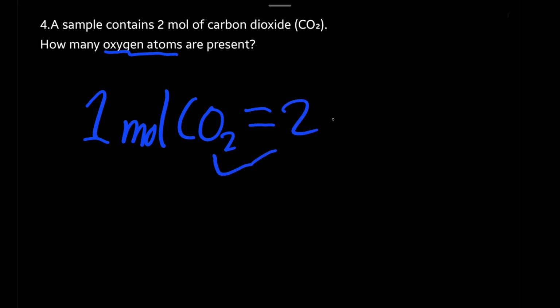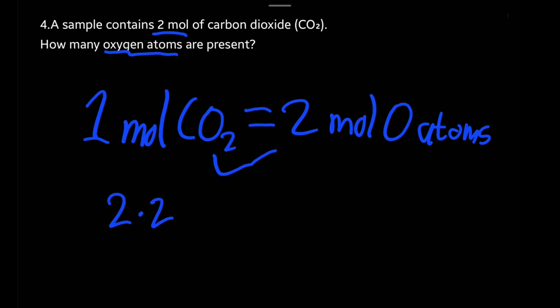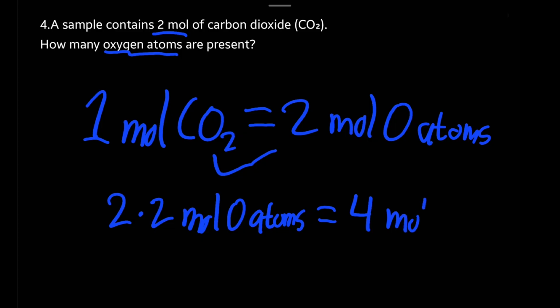So we would write 2 moles oxygen atoms. And since we have 2 moles here, we multiply it. So we have 2 times 2, and our answer would be 4 moles of oxygen atoms.